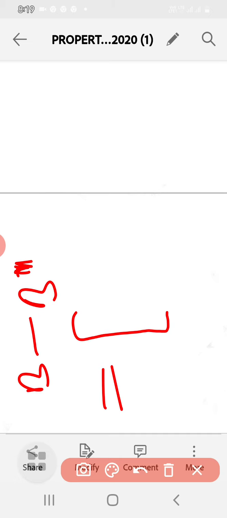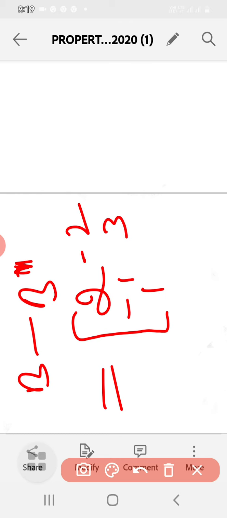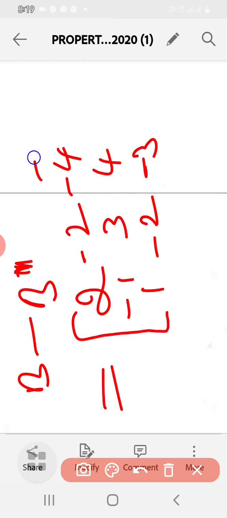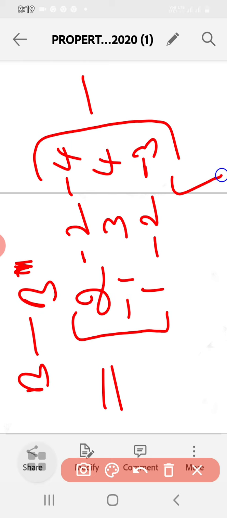So let me write. See, you have to write step by step. So what is the matrix here? 2 minus 1 1, minus 2 3 minus 2, minus 4 4 minus 3. So this is B minus the transpose of this matrix, so you have to transpose this.